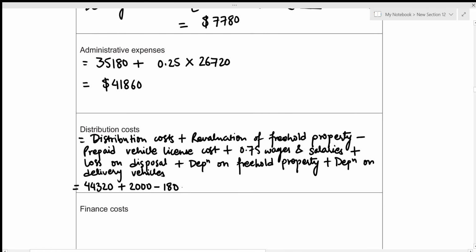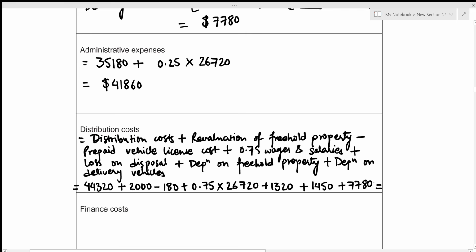So that's going to be 0.75 into the amount of the wages and salaries that we calculated to be 26,720. Then the loss on disposal, again, we figured that out above, and it had the value of 1,320. Then the depreciation on freehold property, again, we figured it out right above to be 1,450. And the depreciation on delivery vehicles was 7,780.